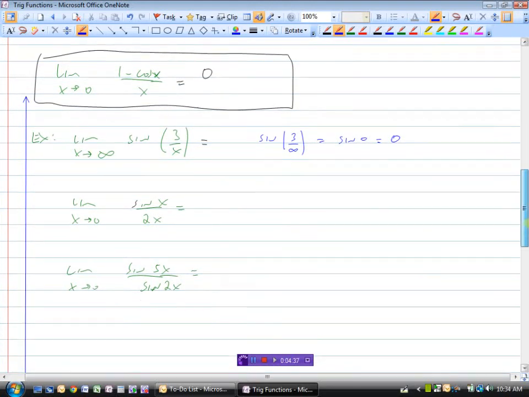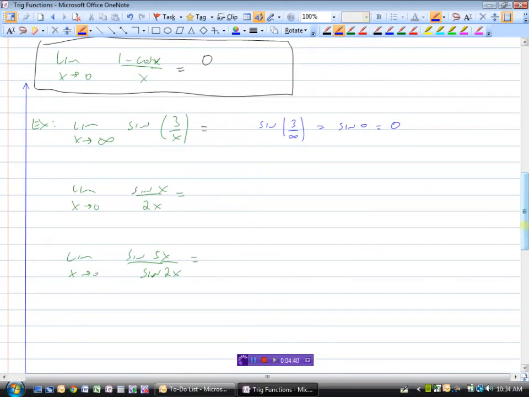These are the ones that I wanted to show you where we can actually start to use some of those identities. So here, limit as x approaches 0 of sine x over 2x. If we try to put the 0 in, like we always would try to do, we would get sine of 0 is 0, divided by 2 times 0 is 0. Problem. We can't have 0 divided by 0. So this is where we're going to make use of that identity.